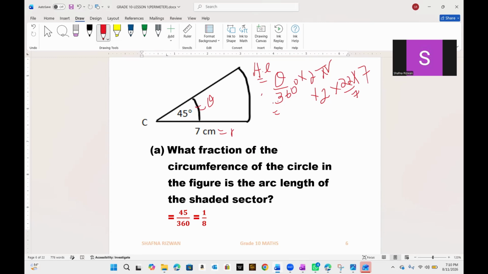Okay, let's do 45 over 360. Now, by which one can you divide? See here, bottom 7, top 7, so you have to cancel it off. And after that, what can you do here? 45, how many times can you divide by 9? 5 times. 36, 4 times. 5 over 40 means 5 divided by 5 is 1, 40 divided by 5 is 8.